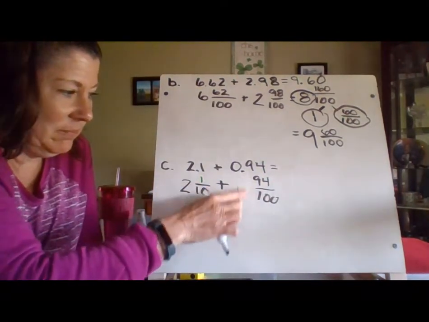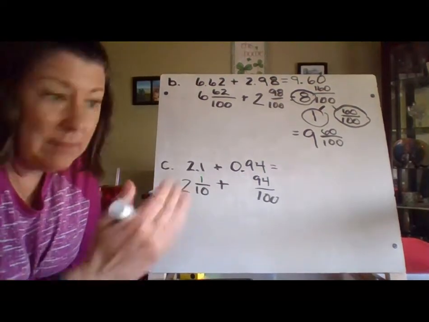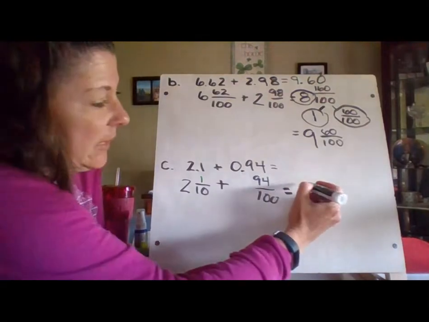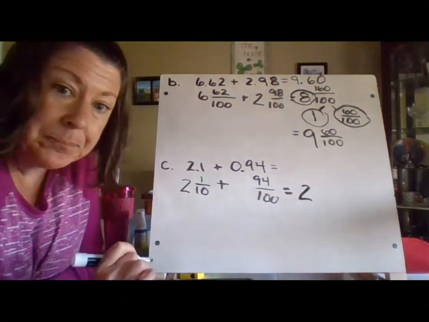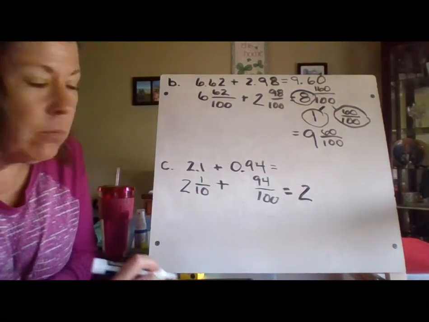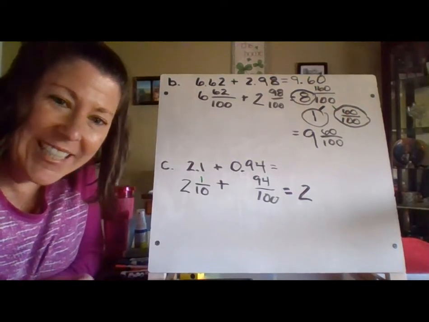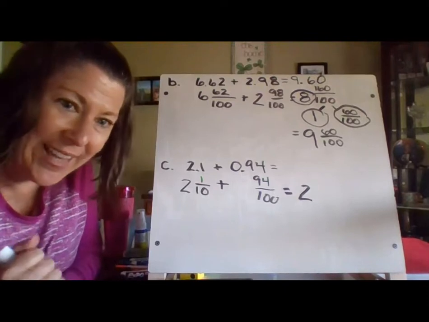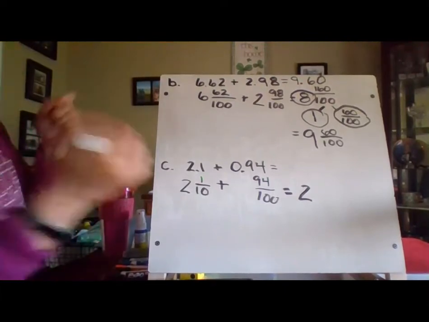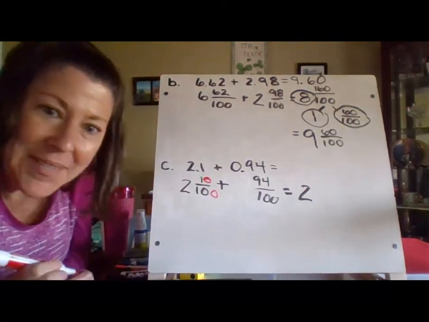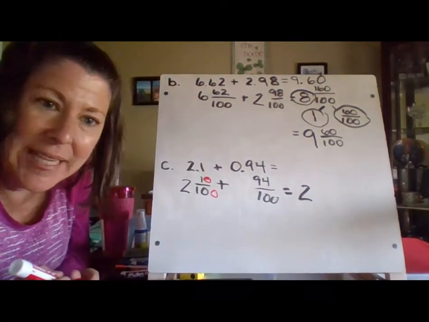Or you don't need it. 2 and nothing is 2. Oh, wait, what did I forget to do? I forgot to make that 1/10 into 10 hundredths. Ooh, thanks for catching me.